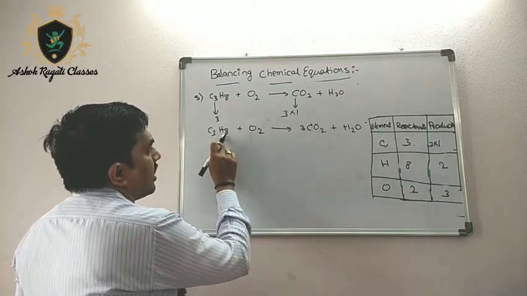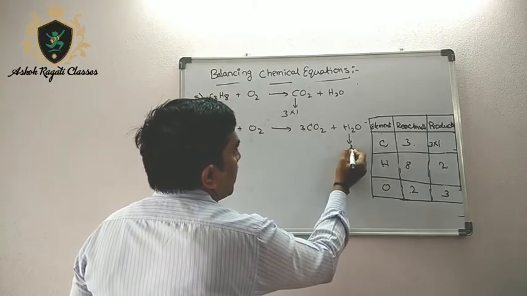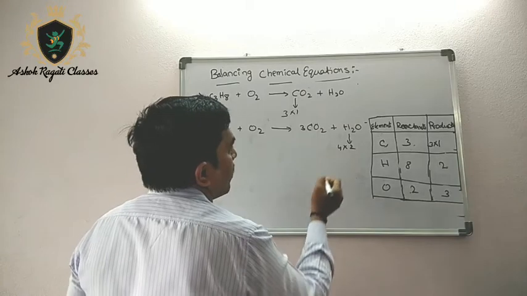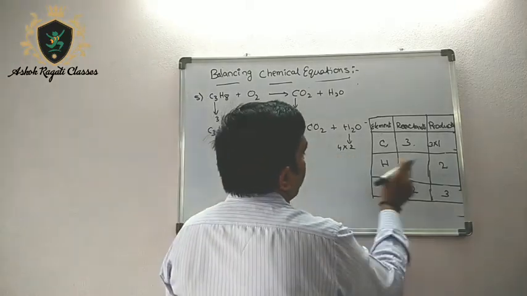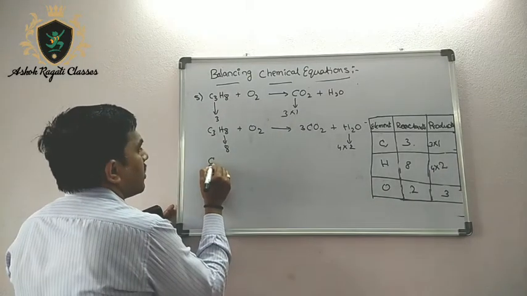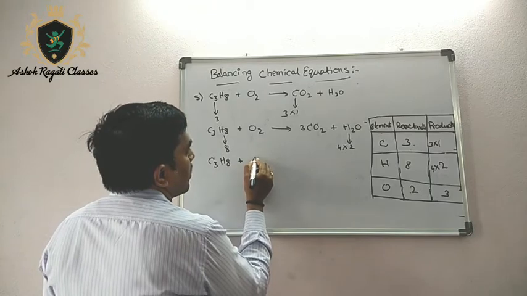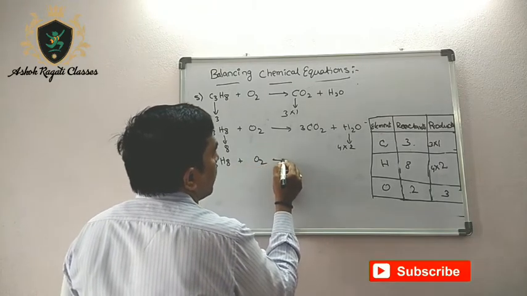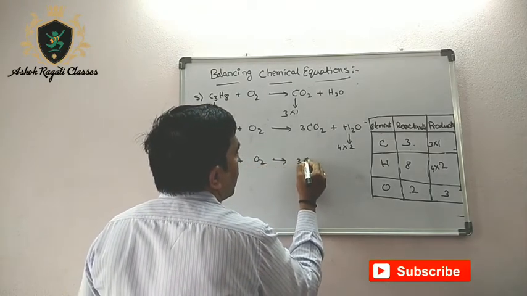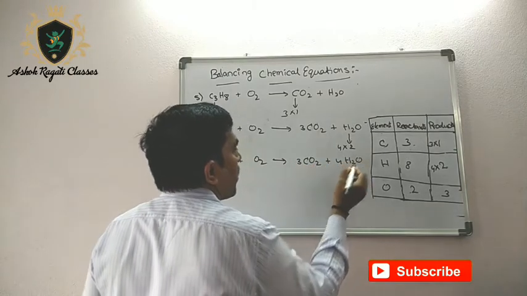How many hydrogens are there here? 8. Here 2. How does it become 8? By multiplying with 4. Rewrite the equation: C3H8 plus O2 equals 3CO2 plus 4H2O.